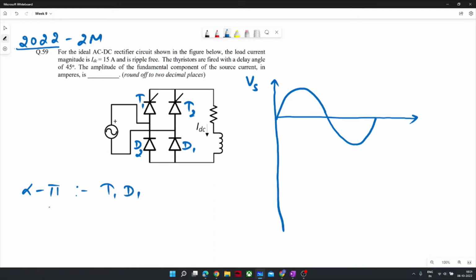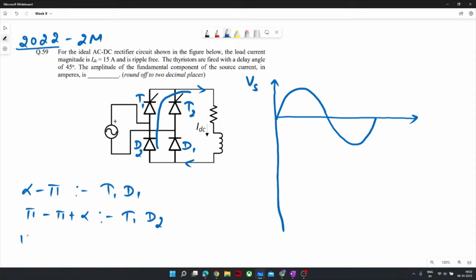From pi to pi plus alpha, since diode D1 will be off after pi, diode D2 will try to freewheel the current. Since no freewheeling diode is explicitly provided, current will freewheel through D2 and T1 and it will short the source. So current will flow in this manner from alpha to pi plus alpha, and the devices turned on during this period would be T1 and D2.